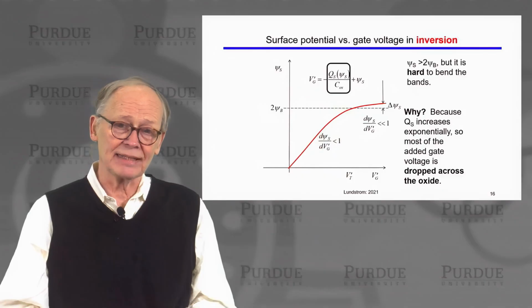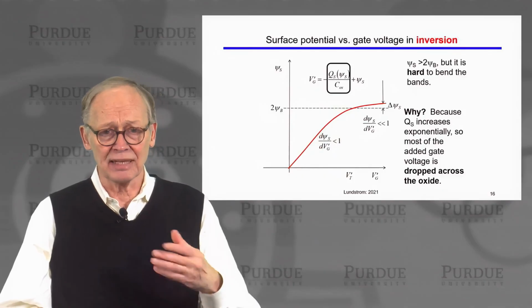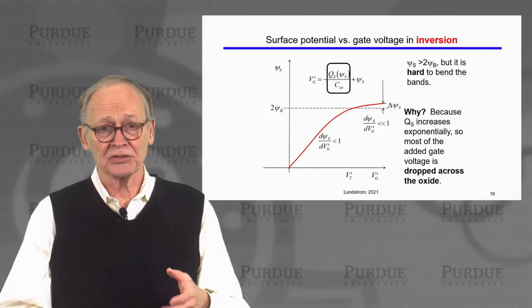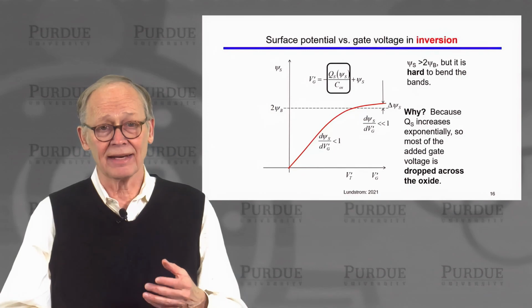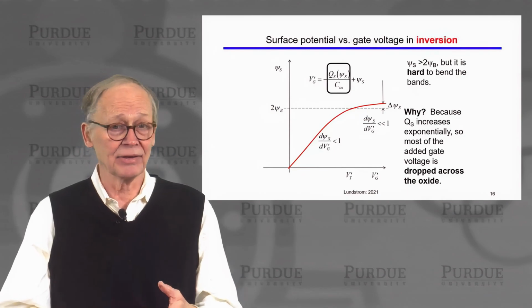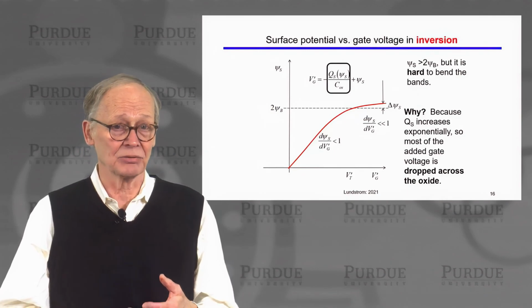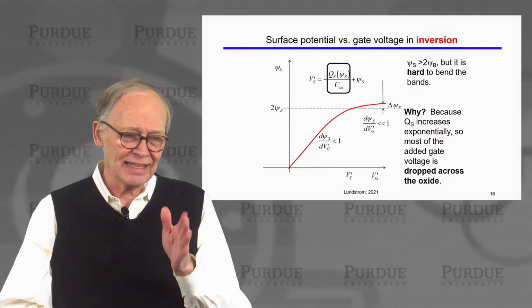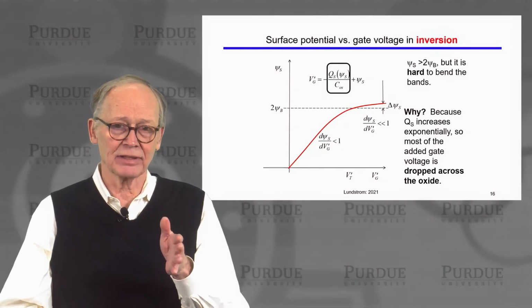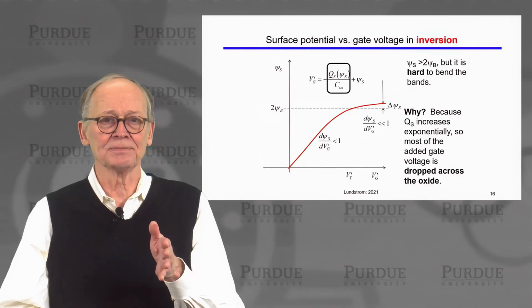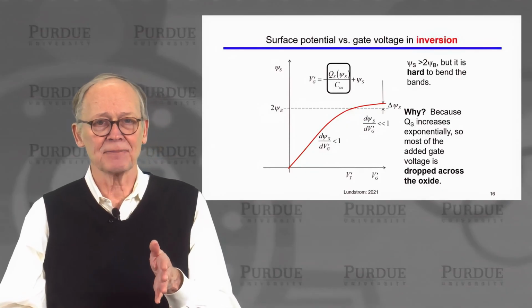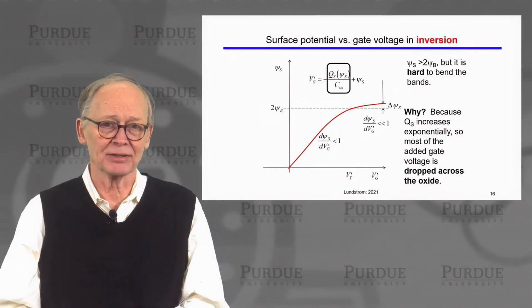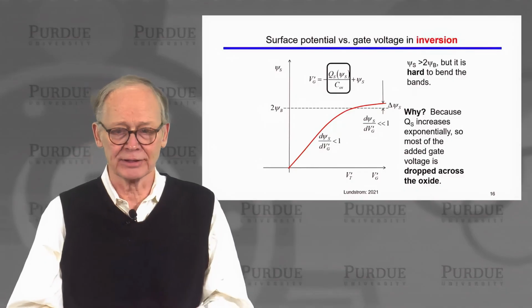So most of that increase in gate voltage beyond the threshold voltage just increases the volt drop in the oxide, and very little of it increases the volt drop in the semiconductor. You could say that highly conductive layer, silicon inversion layer, screens out the electric field due to the gate, and not much happens in the semiconductor beyond the inversion layer.